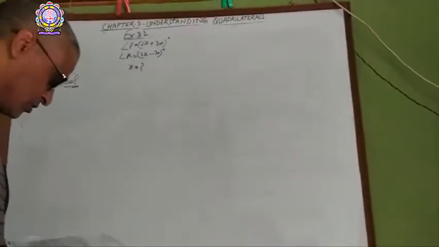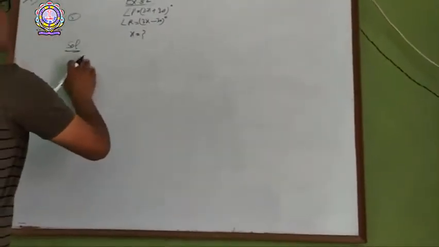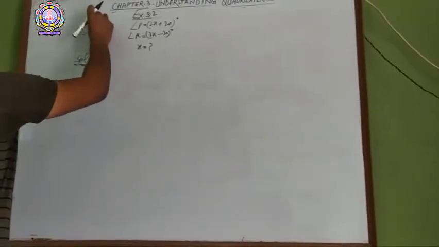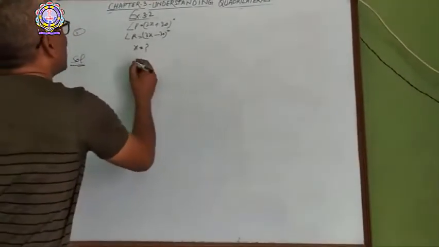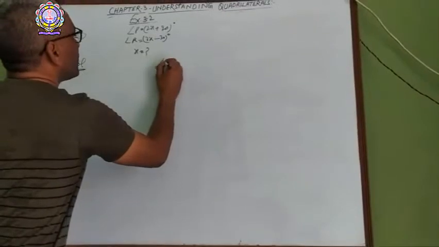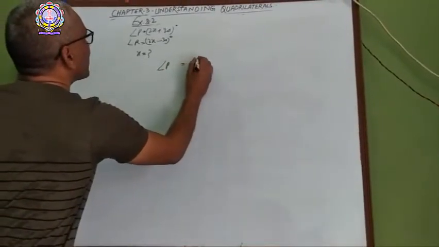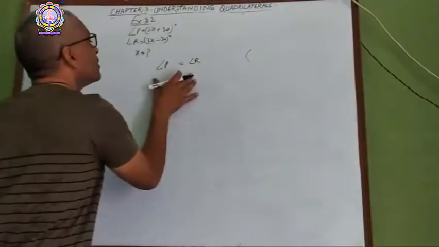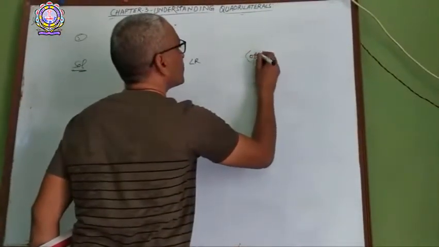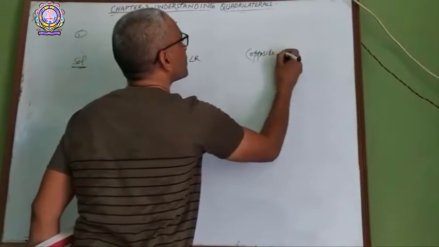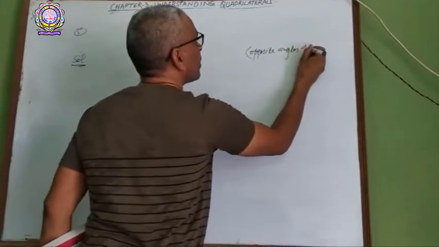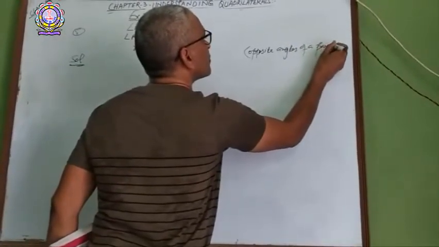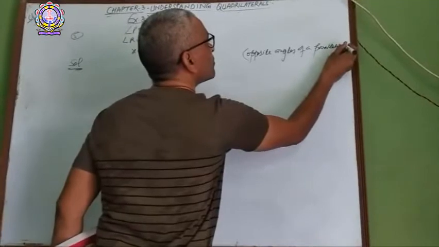P and R are the opposite angles of a parallelogram as given in our question. So we know that from the property of parallelogram, opposite angles of a parallelogram are equal. So therefore angle P will be equal to angle R because they are opposite angles of a parallelogram.